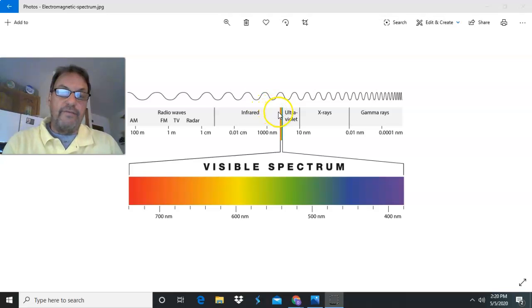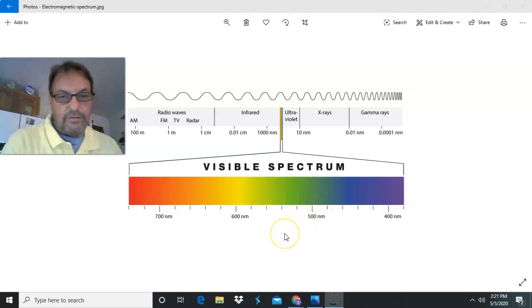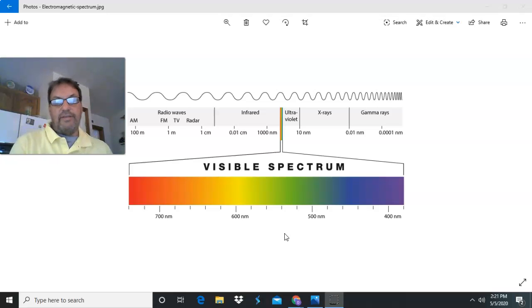And then we're going to come to our visible spectrum. And I think a lot of you have heard the term Roy G. Biv: red, orange, yellow, green, blue, indigo, and violet. And so if you can remember that, you'll know then that the red is going to have a little less energy than the violet will.